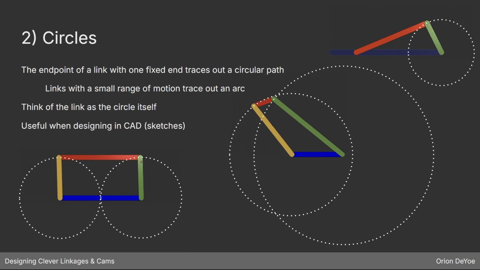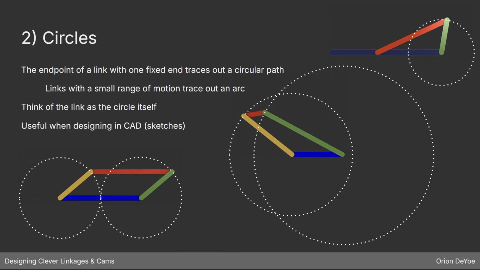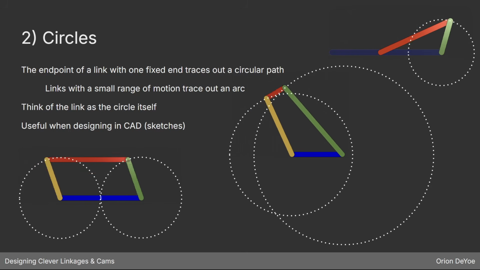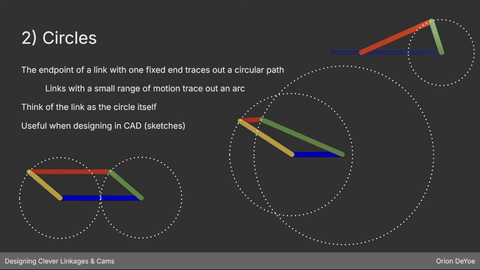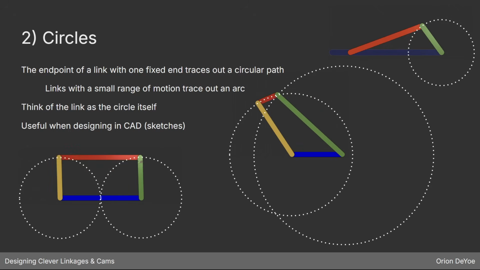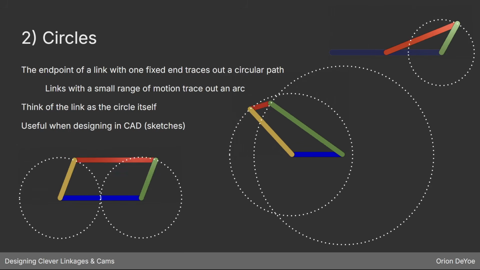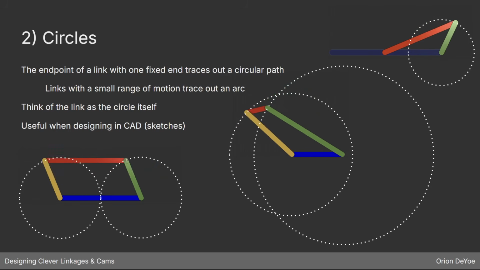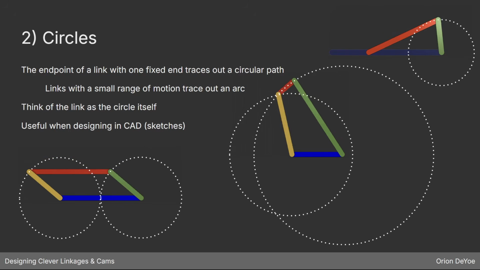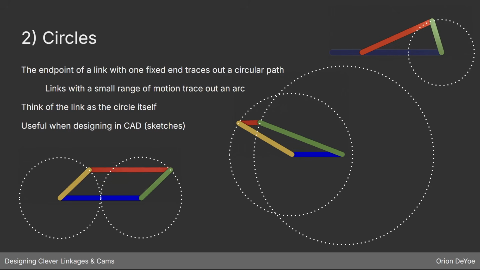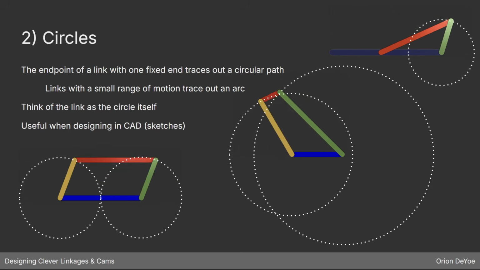Sometimes when you're thinking about linkage geometry, not even thinking about the link as a line and just thinking about the link as a circle, and knowing that the endpoint can be anywhere on that circle, can be useful for building intuition about how the linkage will move. Again, this is useful when you're doing early season sketches to figure out your geometry, where you can just sketch in a circle and not worry about what the angle of that line is.